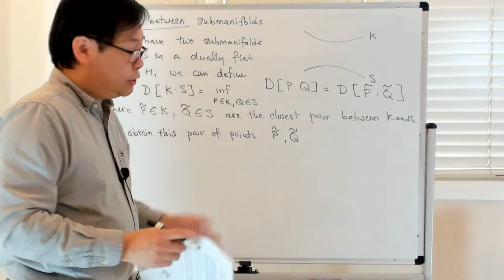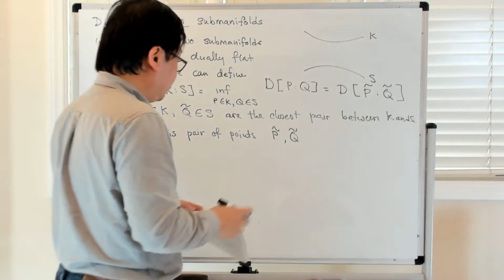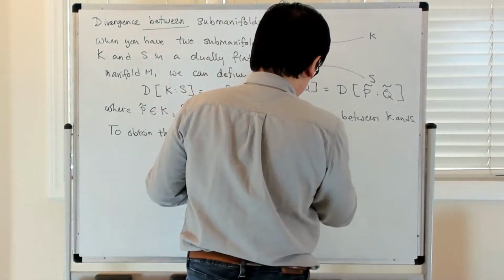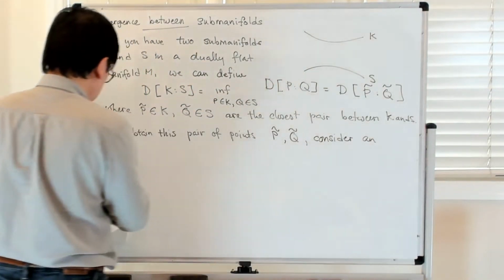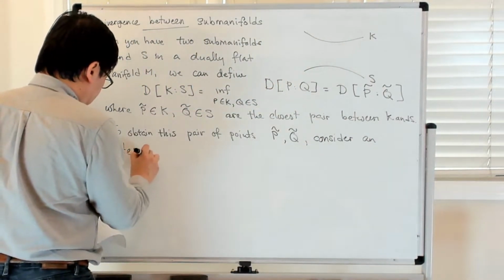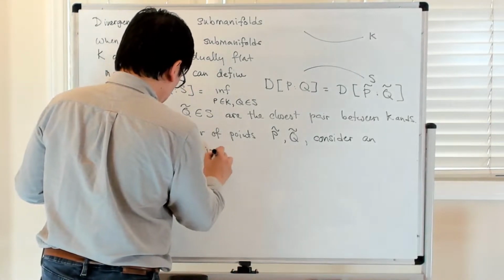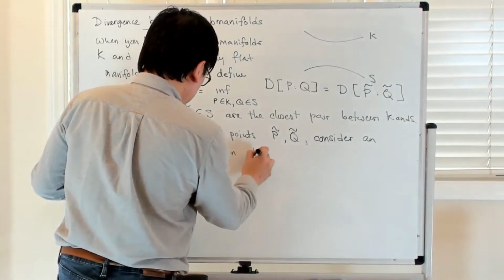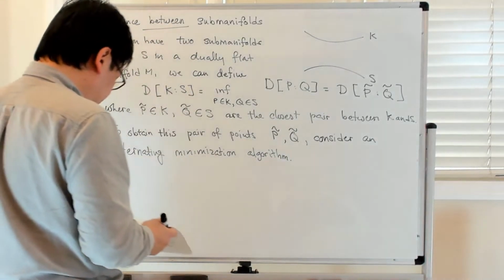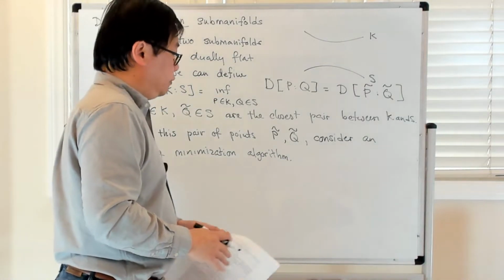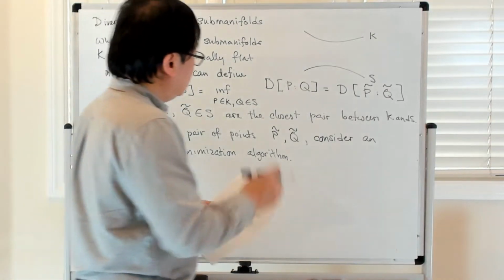One possible way of trying to do this is to do what is called an alternating minimization, alternating projection type method. So what you basically do is you start with 1 point on the manifold.